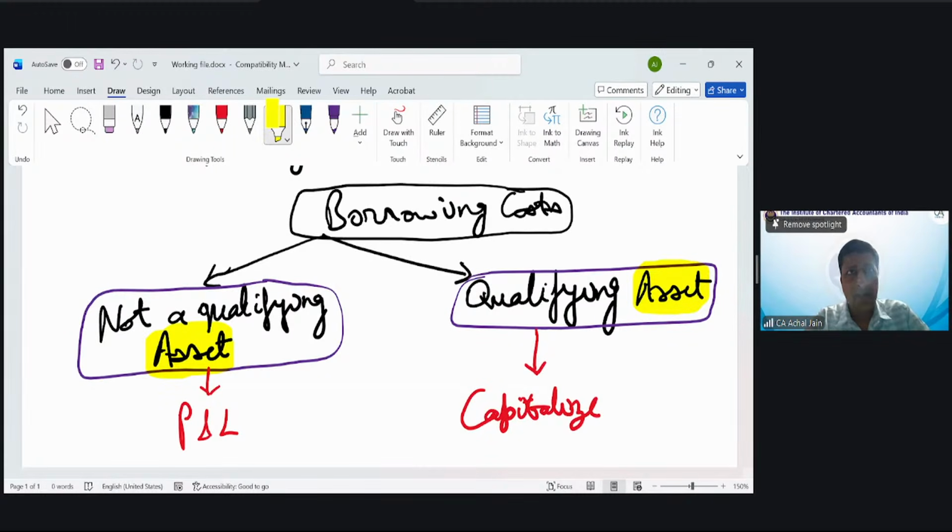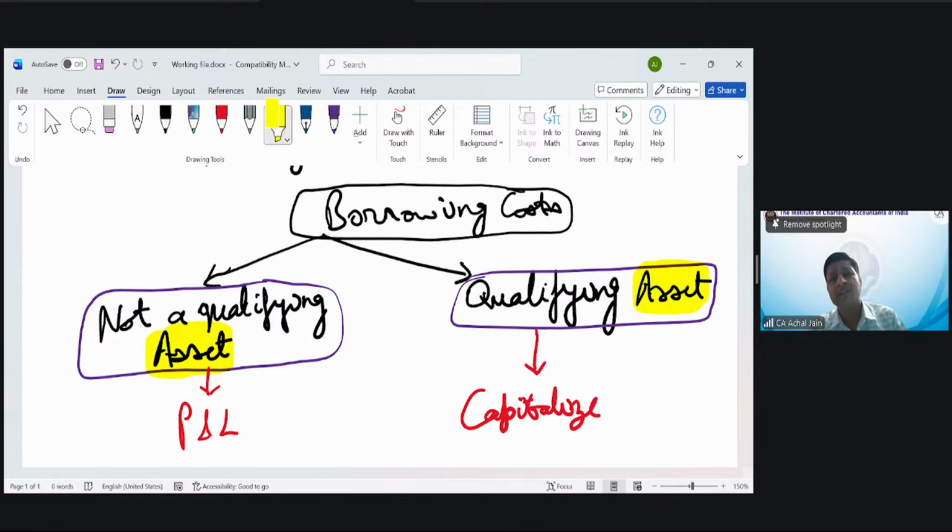So you call it a qualifying asset. Now, generally, inventory will not meet the criteria of a qualifying asset.